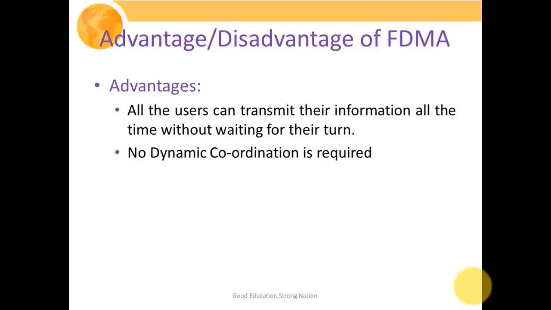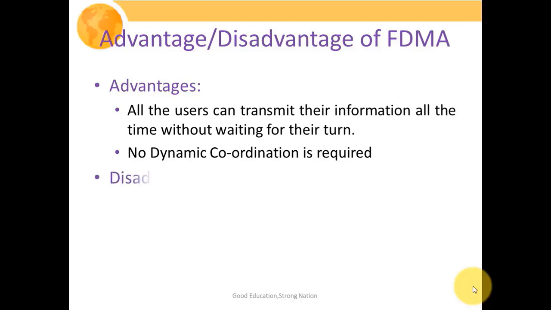Second advantage is no dynamic coordination is required. Since we have fixed the sub-carrier frequencies to each individual user, if there is a reservation for each user of which particular frequency will be accessed by that user, there is no requirement of any sort of dynamic coordination.